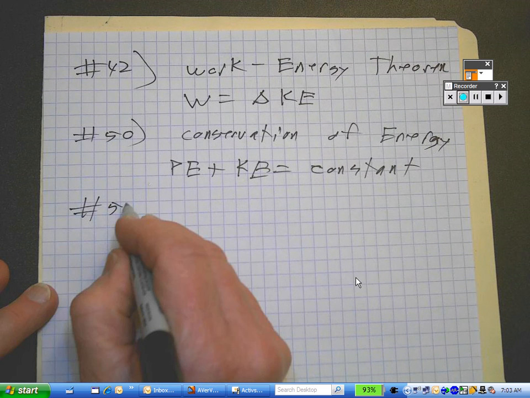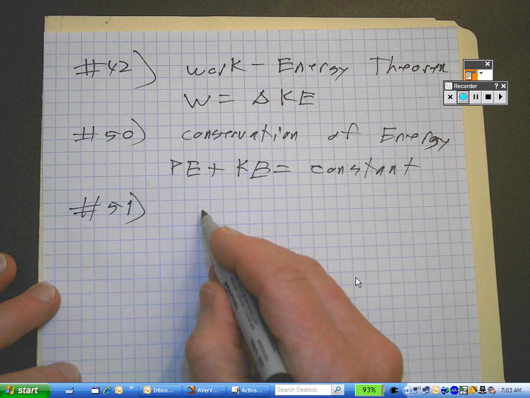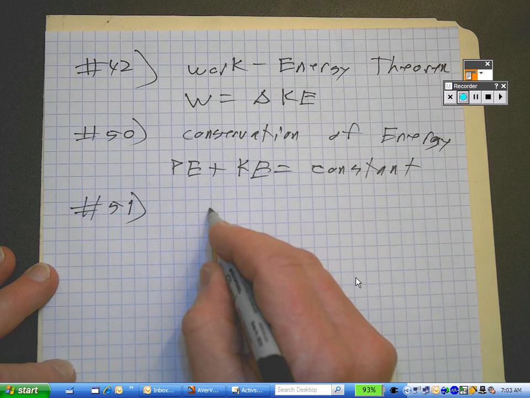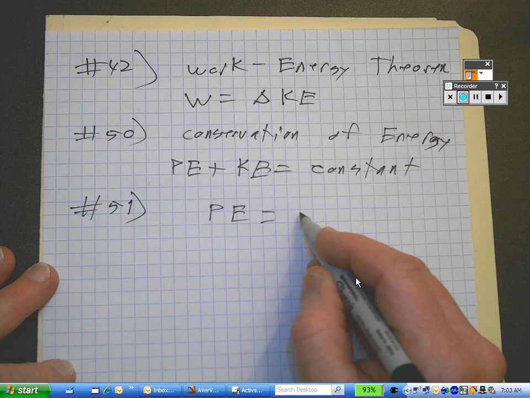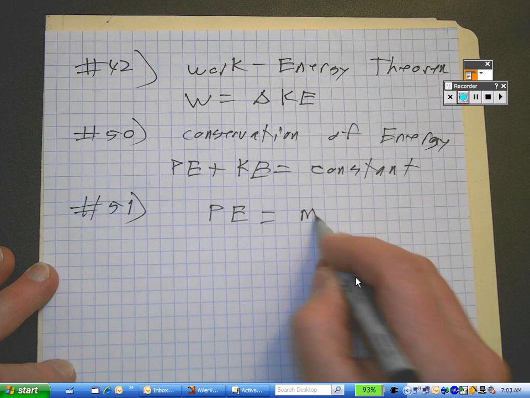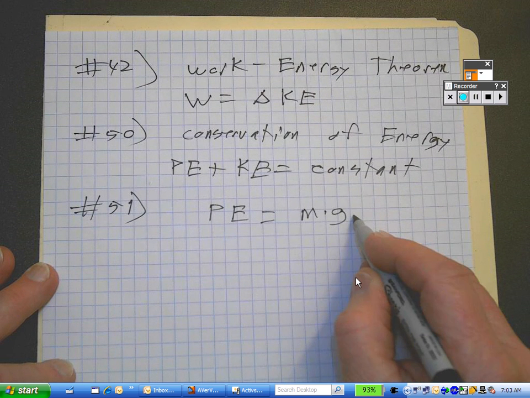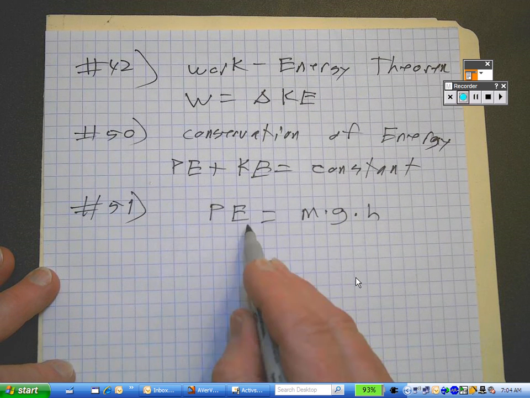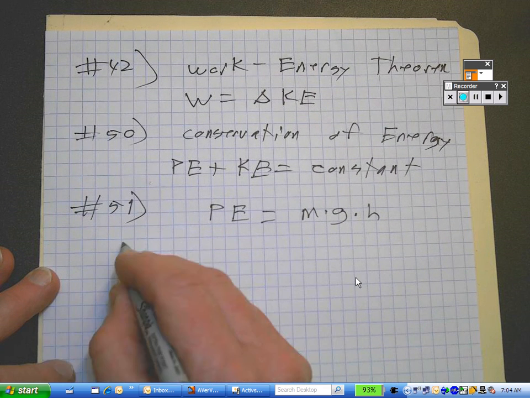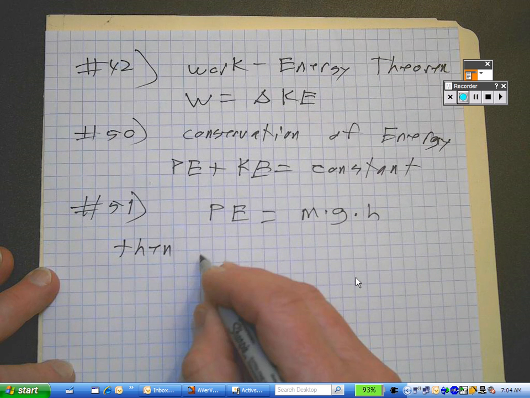Number 51. When you lift something up, as I mentioned before, you are giving it what's called gravitational potential energy. And the formula for that is relatively simple. It's the mass times g, which you already know, times the height. So if you determine what this is, then you can do something with that information.